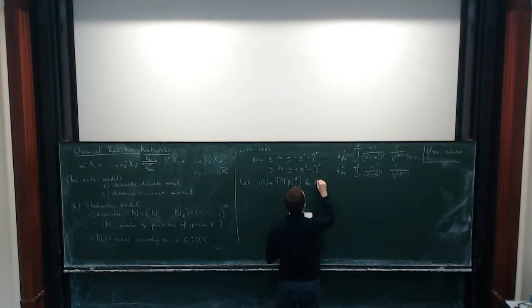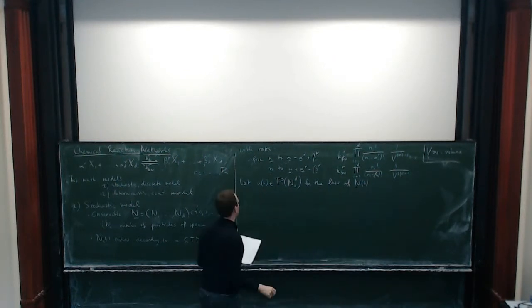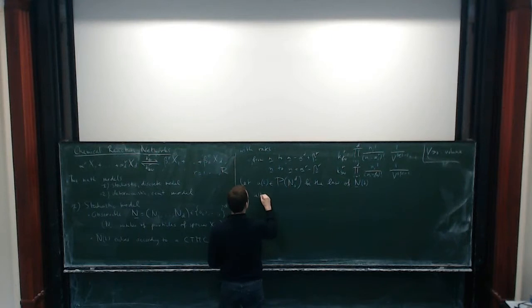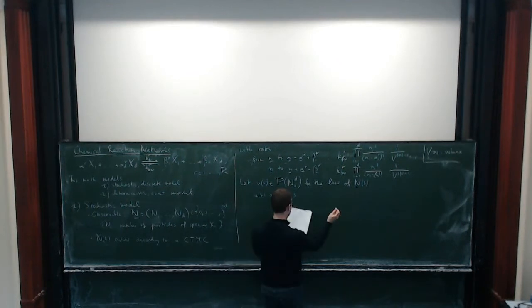Let it be the law of n. Then ut satisfies the usual forward equation, and this is called the chemical master equation.